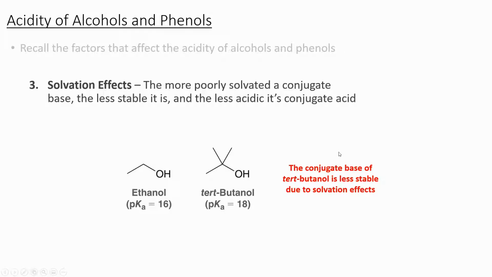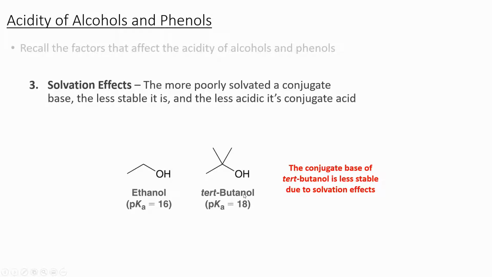Solvation effects also affect acidity. The ability of the molecule to be exposed to an additional group. So the more poorly solvated the conjugate base, the less stable it is.